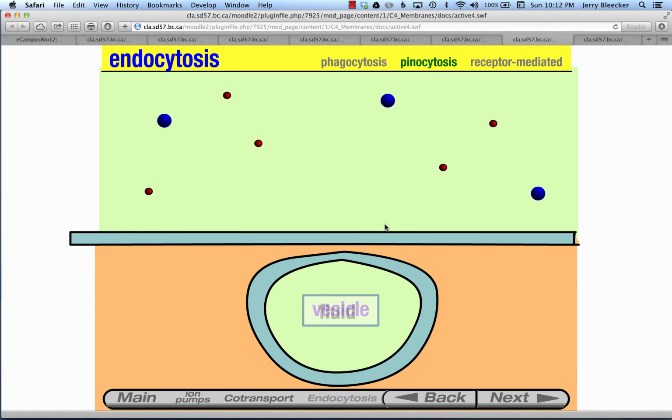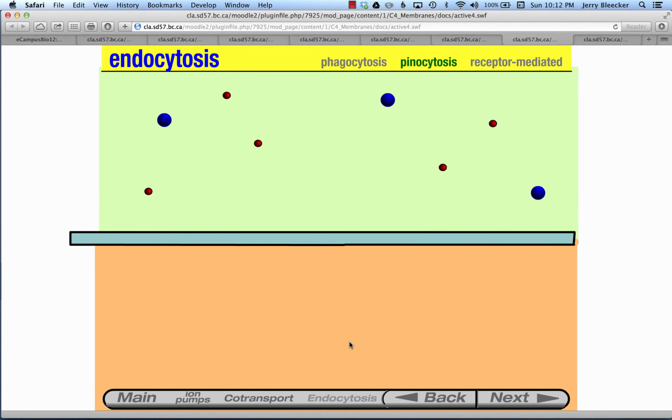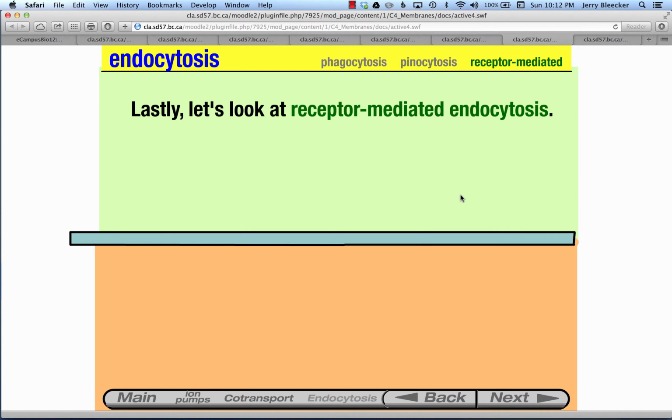There's a third kind here where a receptor has to be sort of turned on before something comes in. And it's called receptor-mediated endocytosis. So there'll be these little, think of them as locks. And once they're activated, then all of a sudden there'll be endocytosis.